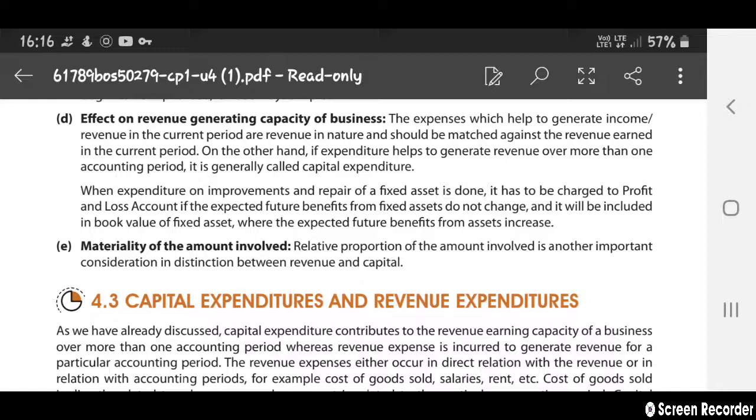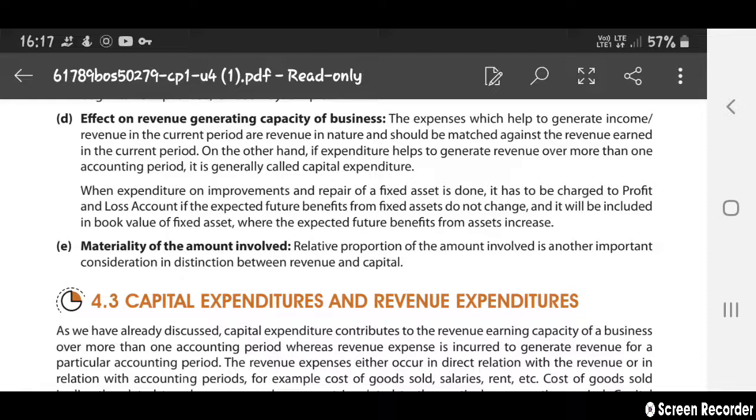When expenditure is incurred on improvements and repairs of a fixed asset, it has to be charged to the profit and loss account if the expected future benefits from the fixed asset do not change.